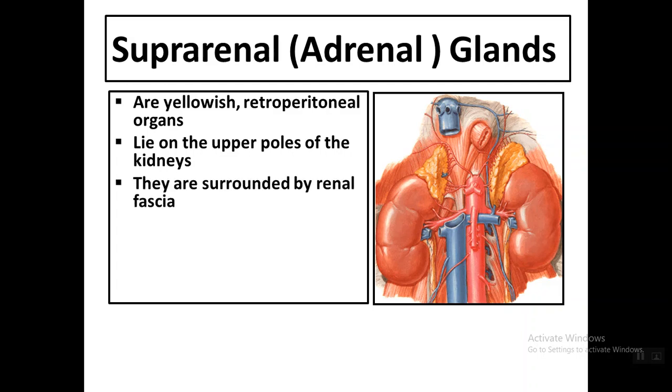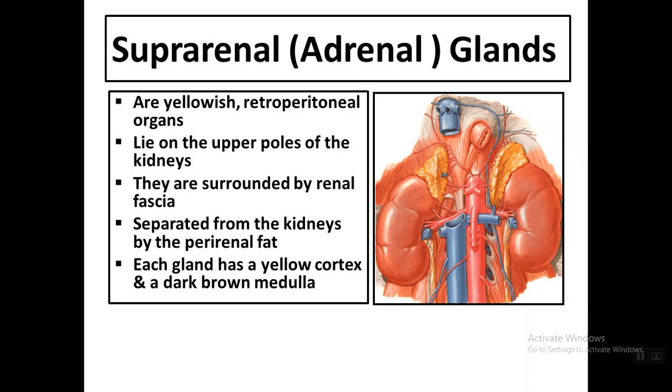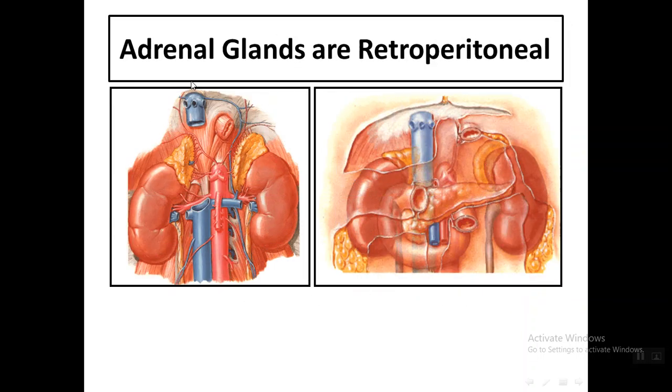They are surrounded by renal fascia and separated from the kidneys by the perirenal or perinephric fat. Each gland has a yellow cortex and a dark brown medulla in cross section. The adrenal gland, just like the kidneys, is retroperitoneal, that is, covered only partially by peritoneum, tethering it to the posterior abdominal wall, that is, to the diaphragm.